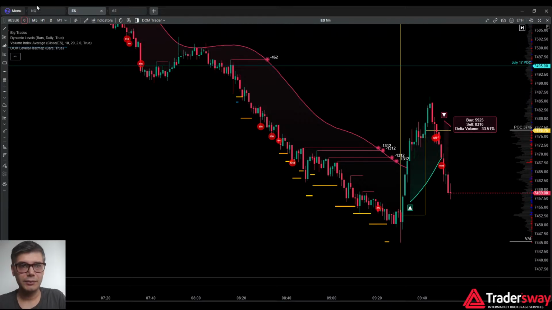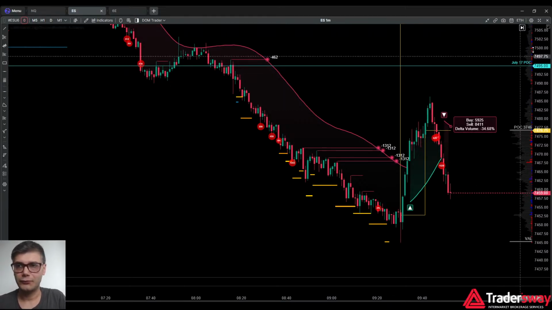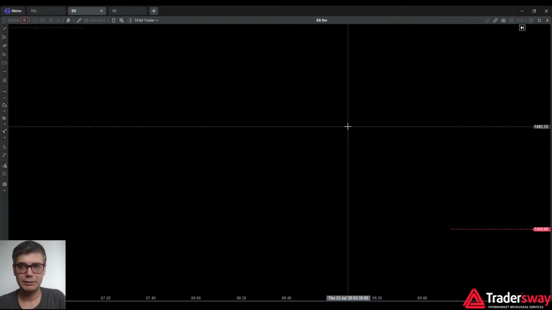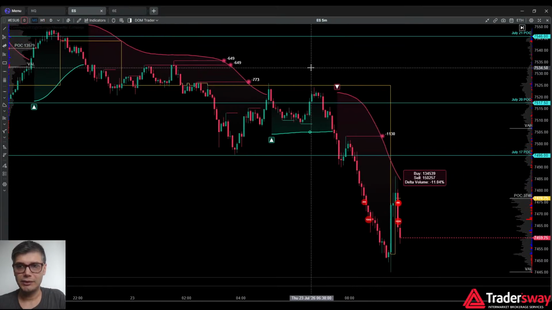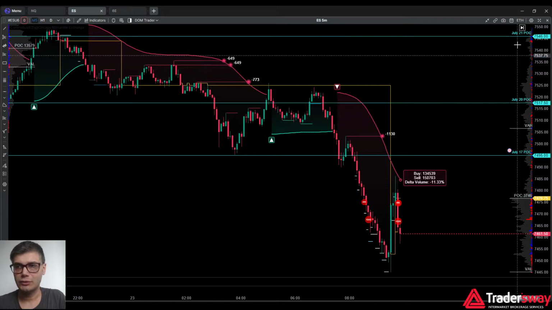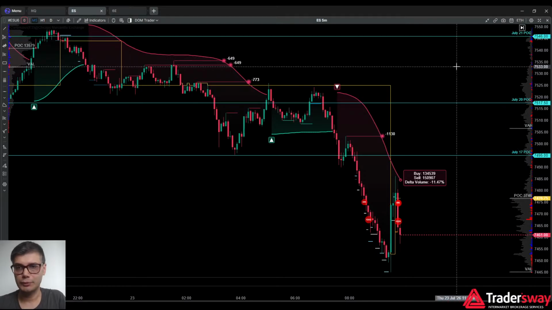All right, let's look at, for example, this is the volume profile, right? Let's go to 5 minutes. You see these lines? These are the point of control of each day. July 17, July 20, July 21. I don't remove them.